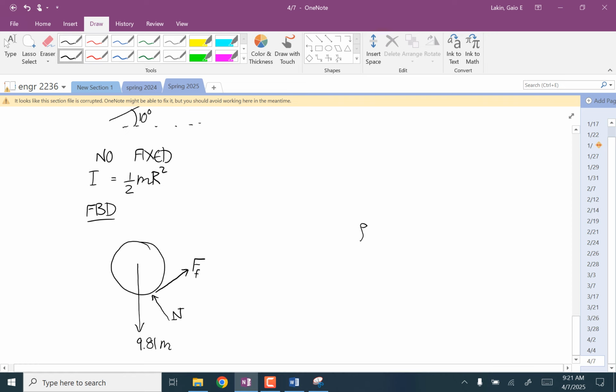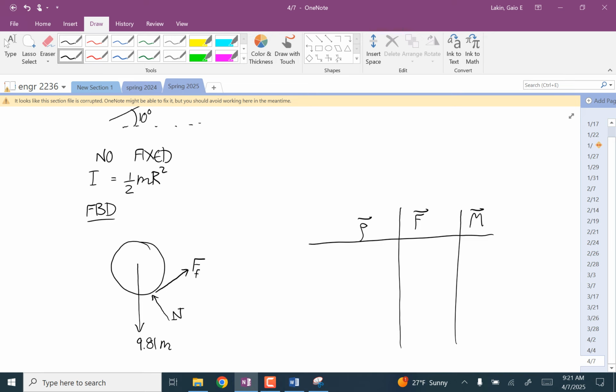And now I'll go into the table. Well, I'll start with the weight force. Our about point is the center of mass. That's acting at the center of mass, so the rho vector is 0.